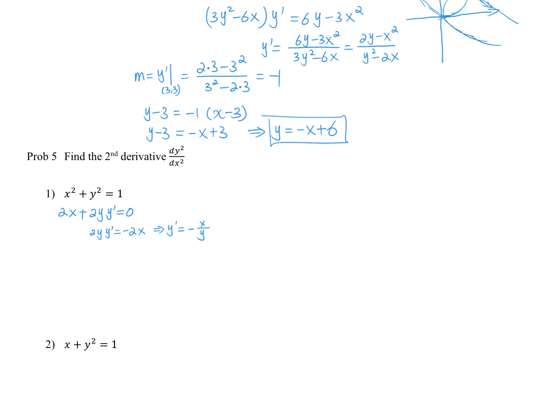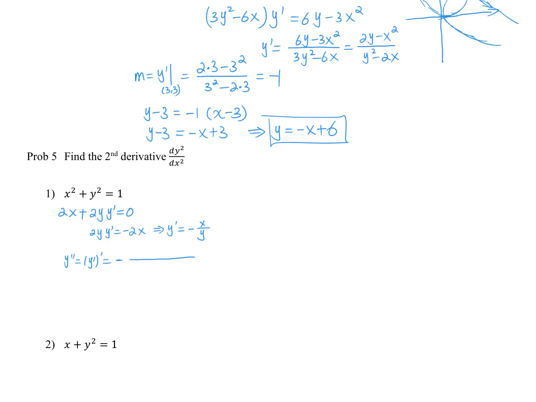Now, to find the second derivative, there are actually a couple different ways. One way to do that is we just find the derivative with respect to x again, right? So the second derivative is the derivative of the first derivative. So therefore, y double prime is the derivative of y prime. And to find the derivative of this, again, think of y as a function of x. We use the quotient rule. Then we have a negative sign.